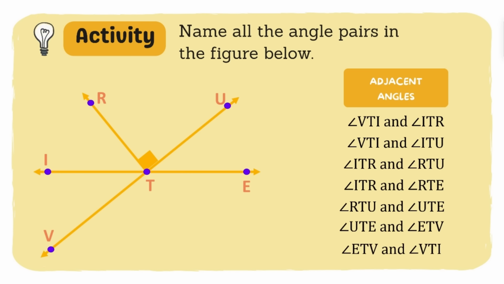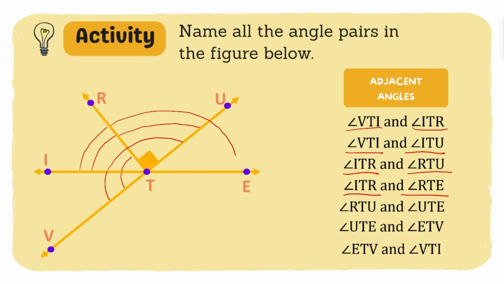Isa-isahin po natin. Angle VTI, asan po siya? Andito, VTI. Angle ITR. Ito, katabi niya po si ITR. Katabi niya rin si ITU. Angle ITU. Next, ITR. Ito po yung angle ITR. Katabi niya si RTU. Next po, ITR and then RTE. Ito po yung RTE.